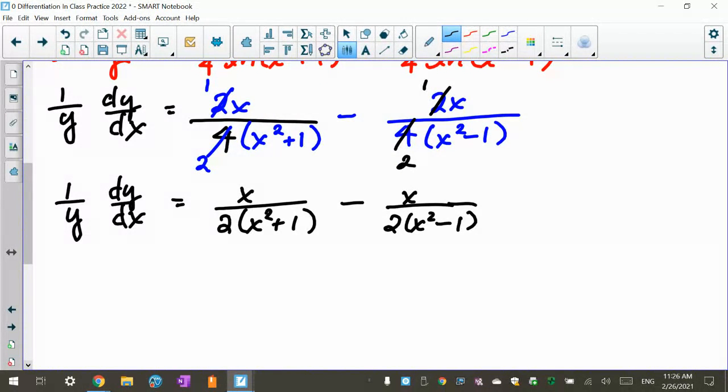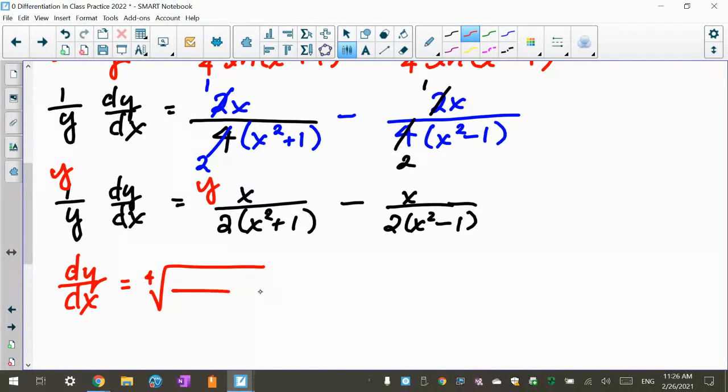So I'm going to multiply both sides by y so that I can actually solve for dy dx. And when I bring the y down, it's going to be that huge radical that was there. So I'm going to bring that huge radical here. So it's the 4th root of x squared plus 1 over x squared minus 1, and it's going to be times this.